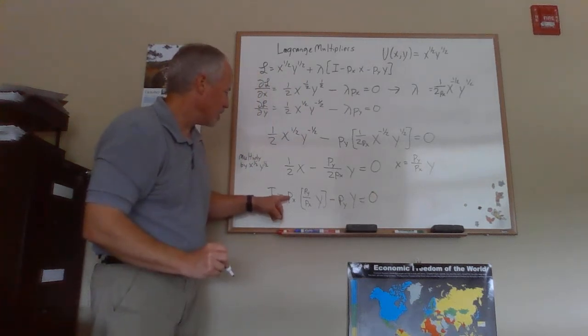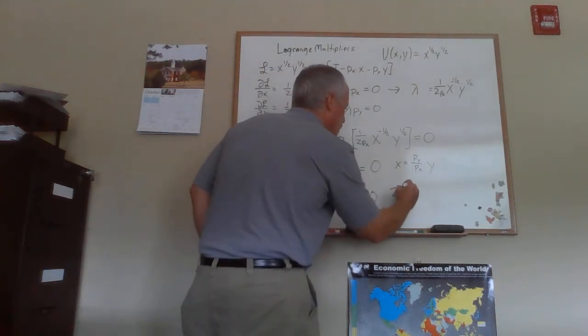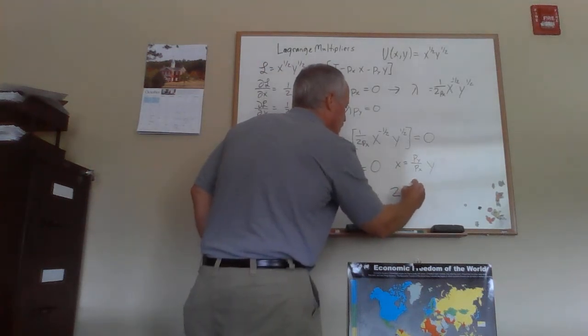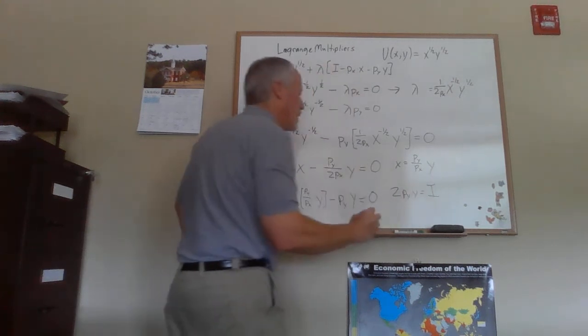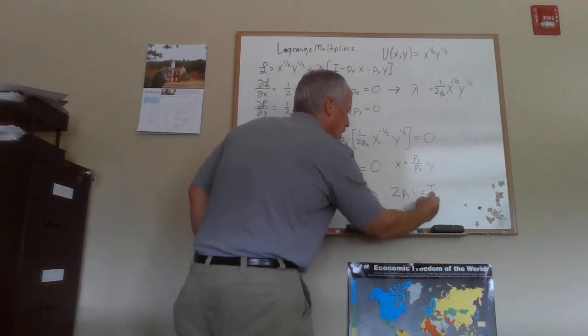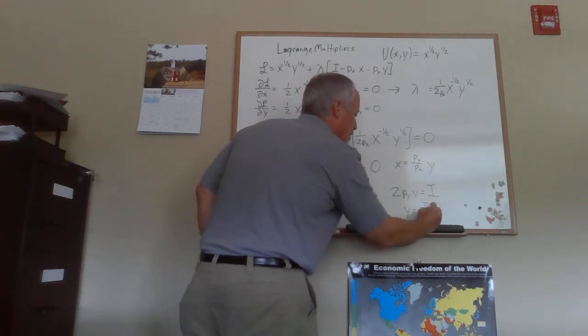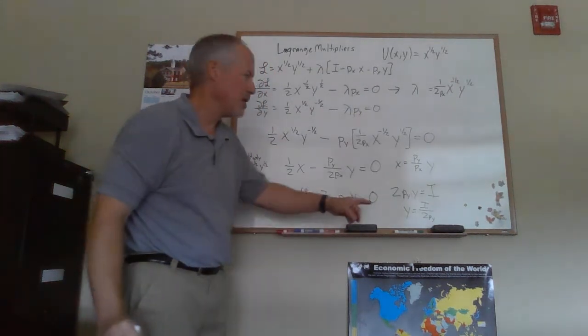And then what you'll see is those Px's cancel. You're going to end up with, and then if you rewrite this, you'll get y is equal to I over 2Py. It's right there at the bottom there.